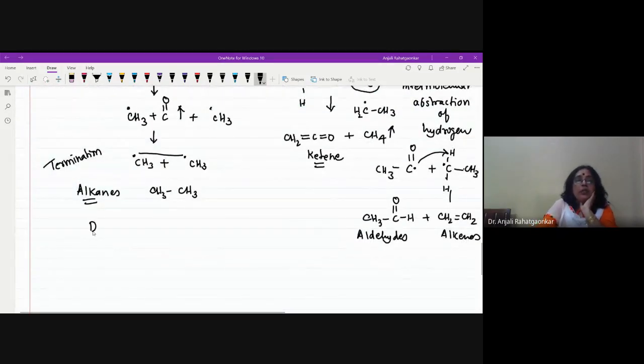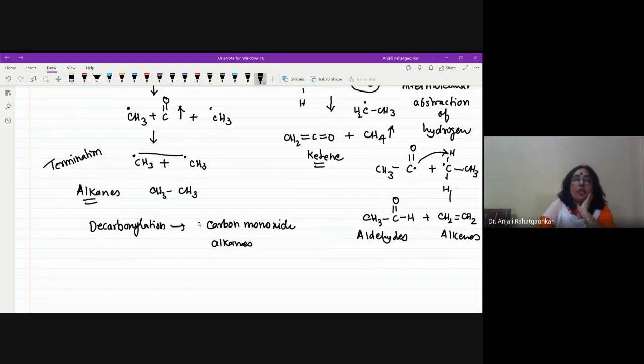So the decarboxylation in the Norrish type I reaction will give you carbon monoxide and the alkanes. These are the products formed in the first type of termination reaction.